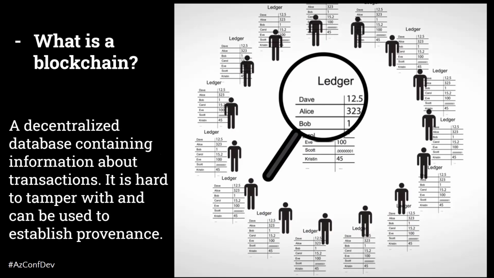Let's start with the first one. What is a blockchain? And then we will move to what is a blockchain network. Blockchain is nothing but a decentralized database where information about various transactions is present.